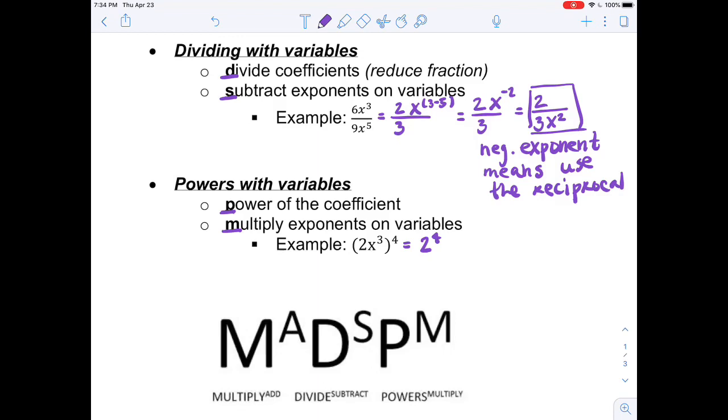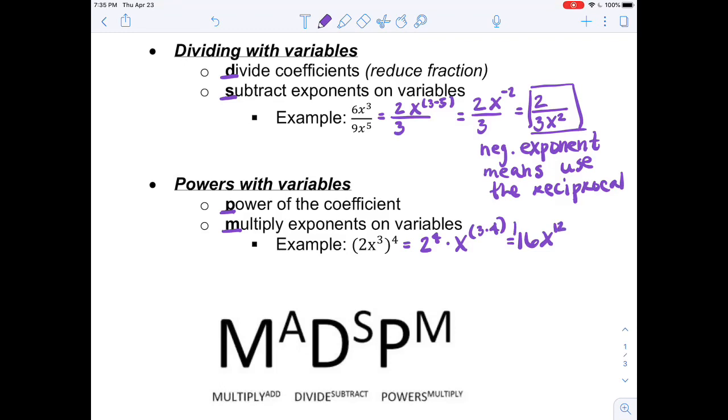So we're going to have 2 raised to the 4th power, and we're going to multiply that by x raised to the 3 times 4 power, because our powers on our variables multiply when we're taking a power of a power. All right, so 2 to the 4th power, 2 times 2 times 2 times 2, is going to give me 16, and then we'll have x to the 12th power. 3 times 4 is 12.